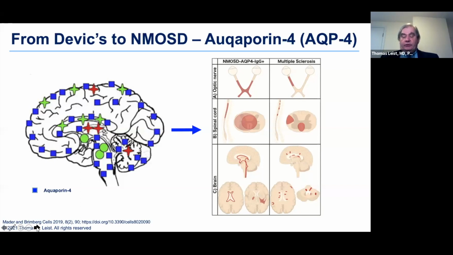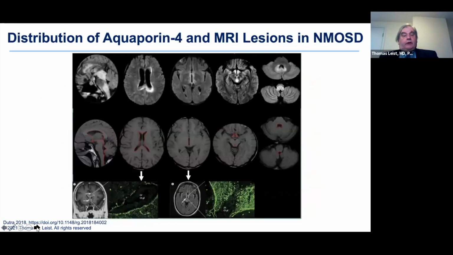So there are important differences between these individual groups of patients, but these things only came to kind of full recognition once we had the neuromyelitis optica antibody, the aquaporin 4 antibody, recognized. So does this really matter, what I just said?